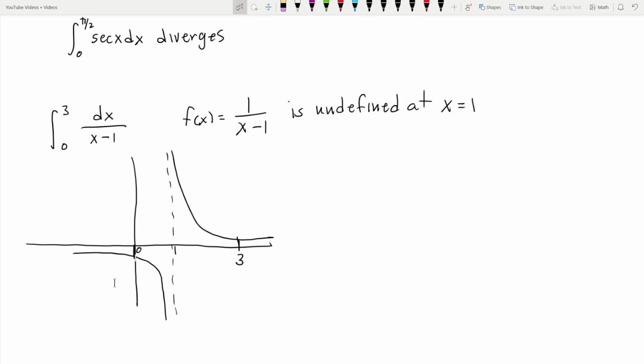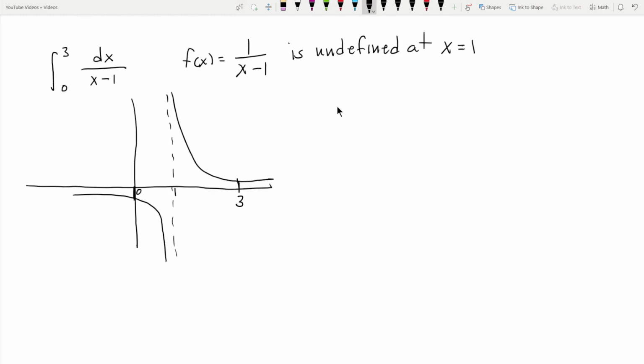Now, I'm going to start with 0 to 1. So I want to look at the antiderivative from 0 to 1 of dx over x minus 1. This is going to be the limit as t approaches 1, from the left since I'm going from 0 to 1, of the antiderivative from 0 to t of dx over x minus 1.